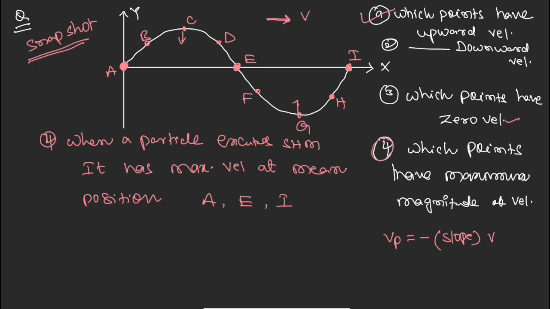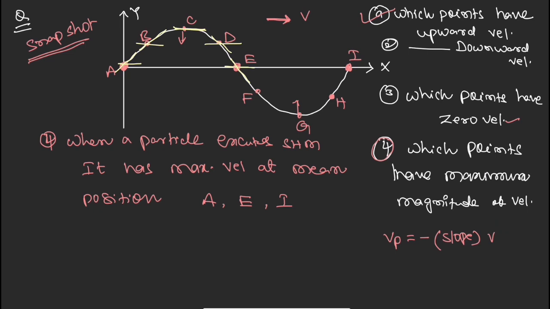To find the slope at any point in a sinusoidal wave, first you draw the tangent and draw the x-axis, like this.